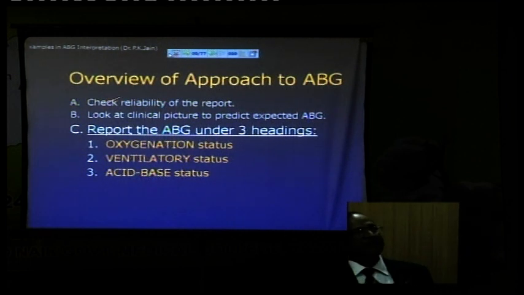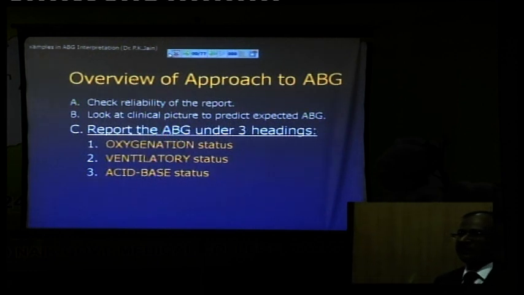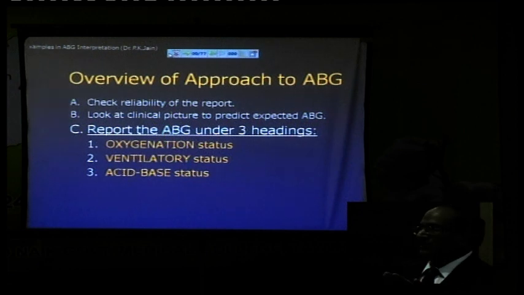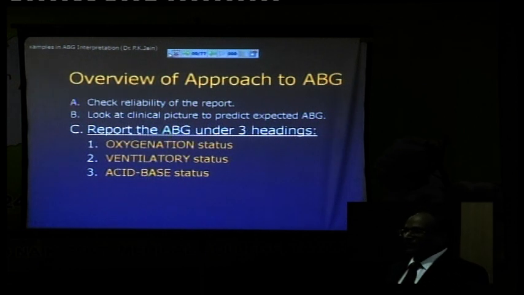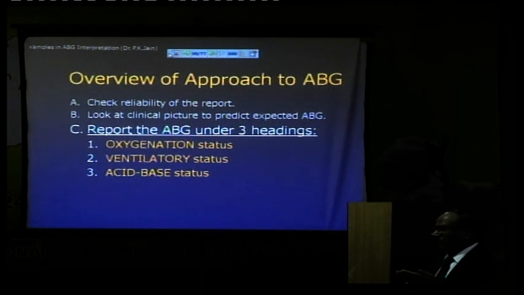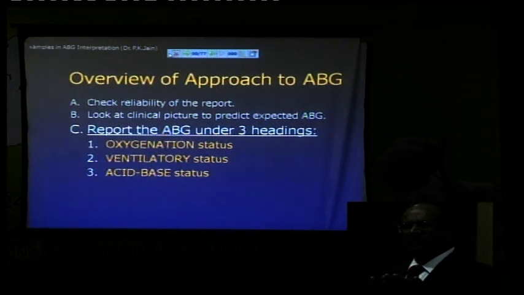You check it. Then don't look at the report. The biggest mistake in reading a blood gas is you just look at that paper and start diagnosing. Don't look at the paper. Before you look at the report, look at the patient. What has he got? Because you may find a pH of 7.4, which is normal, PCO2 is 40, which is normal, PO2 is normal, bicarb is 24, and you say everything is alright.